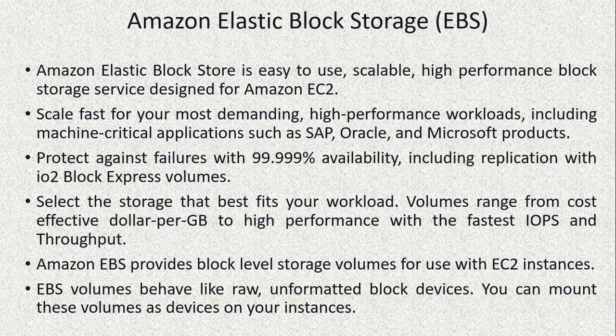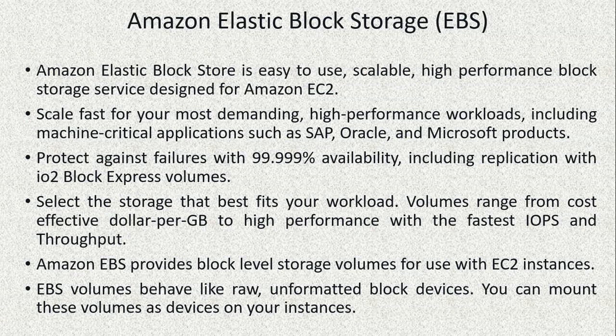Next, Amazon Elastic Block Storage, EBS. Amazon Elastic Block Storage is an easy to use, scalable, high performance block storage service designed for Amazon EC2. Scale fast for your most demanding high performance workloads, including mission critical applications such as SAP, Oracle, and Microsoft products.